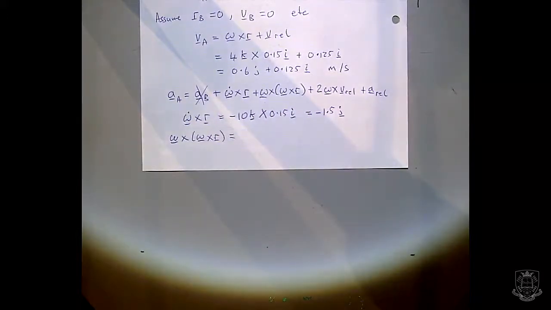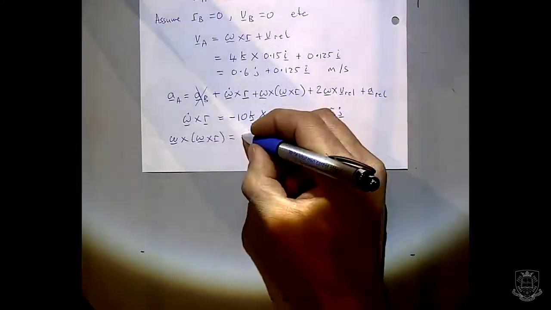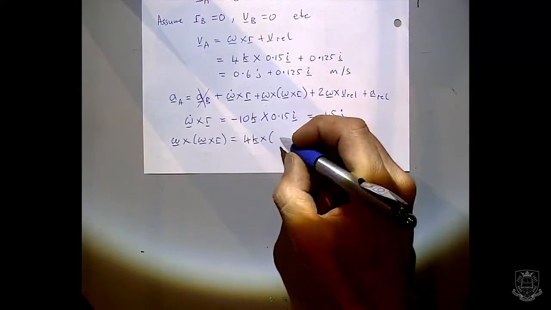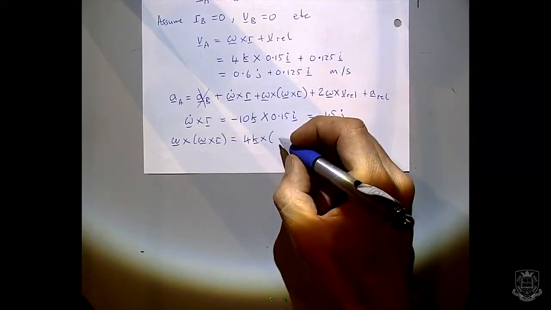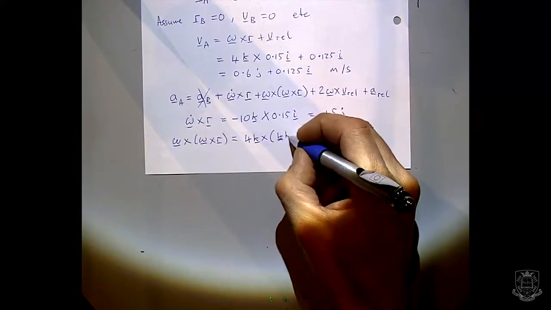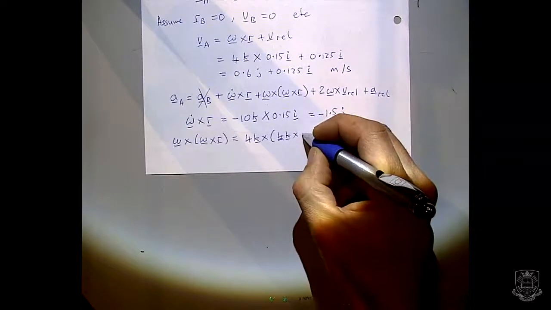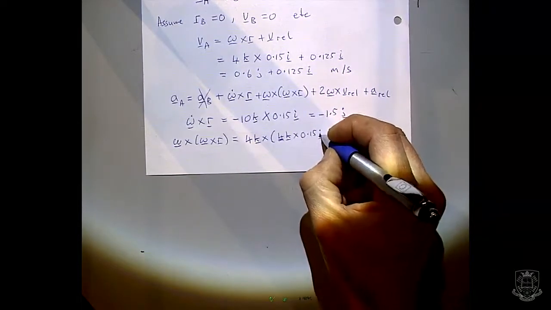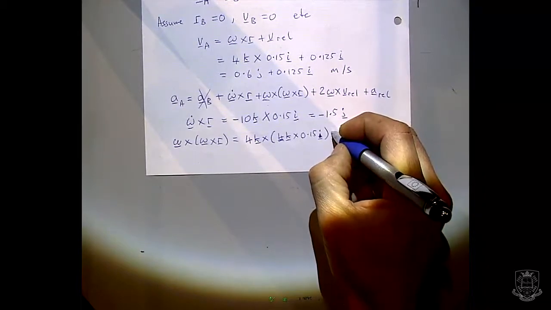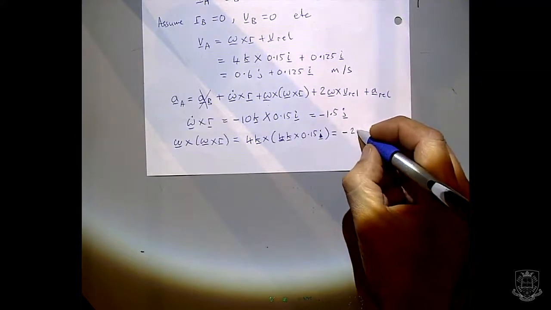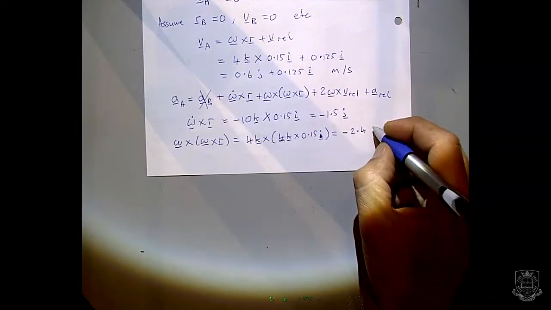We've got this type of expression: omega is 4k, and we cross that with 4k crossed with r, which is 0.15 I. Sorry, that should be I. If we multiply that out, we get minus 2.4 times I.